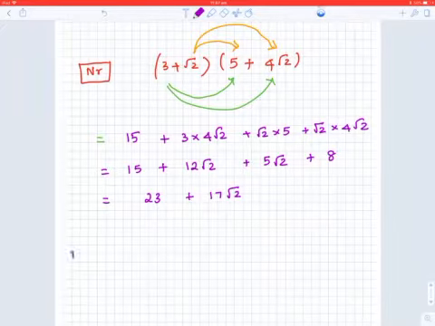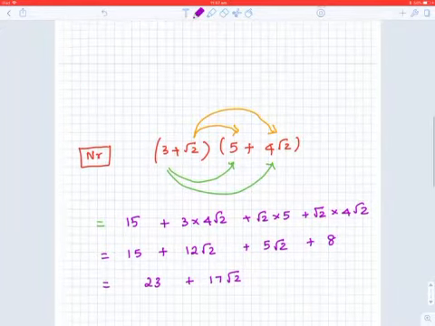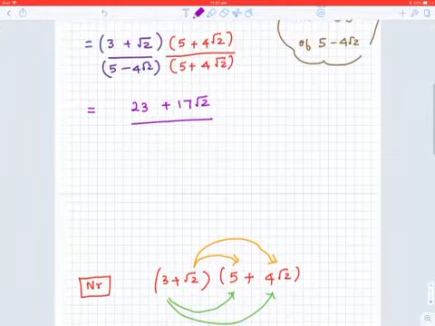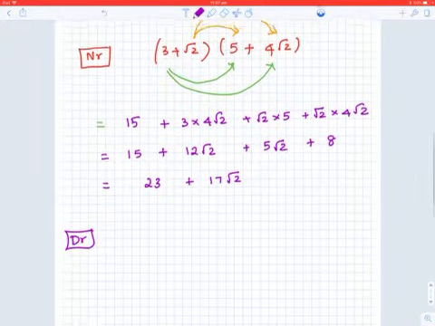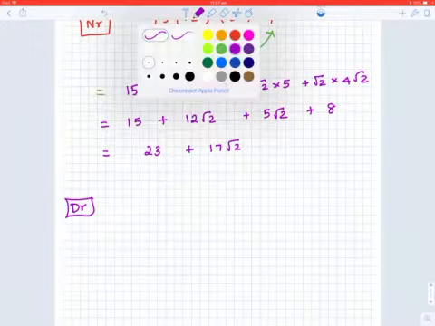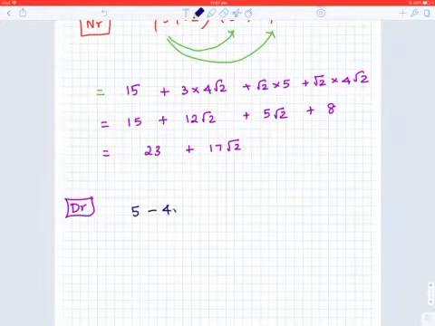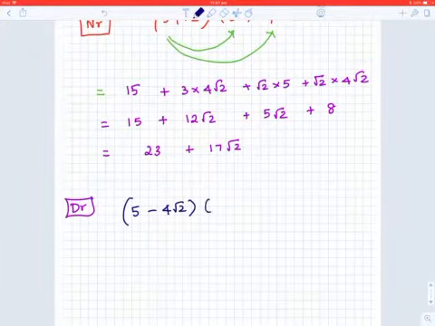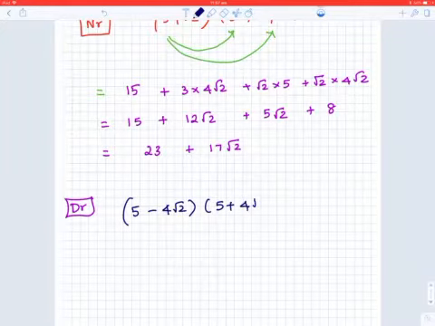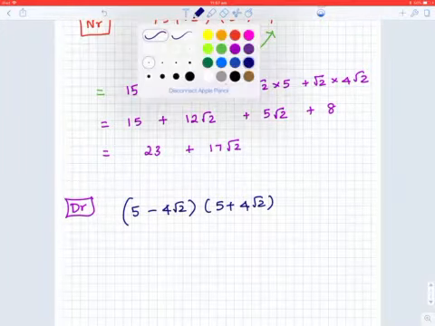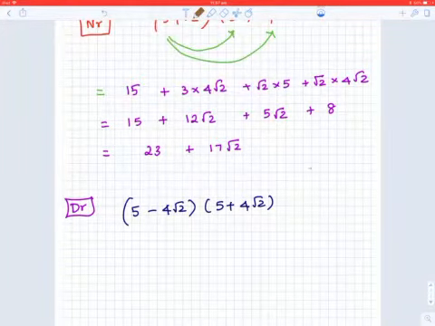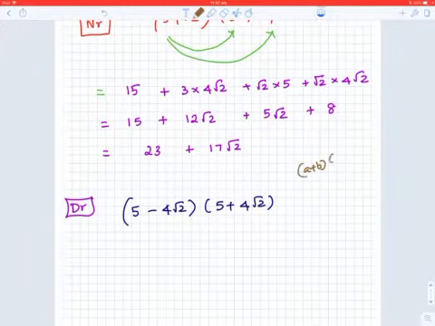And this is divided by, okay, now we go to the denominator. Now the denominator is 5 minus 4 root 2 times 5 plus 4 root 2.